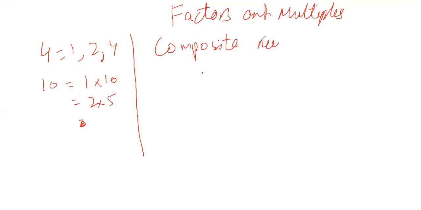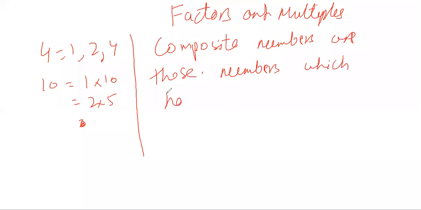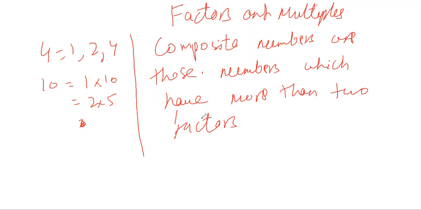Composite numbers are those numbers which have more than two factors. And examples are 4, 10, 20.